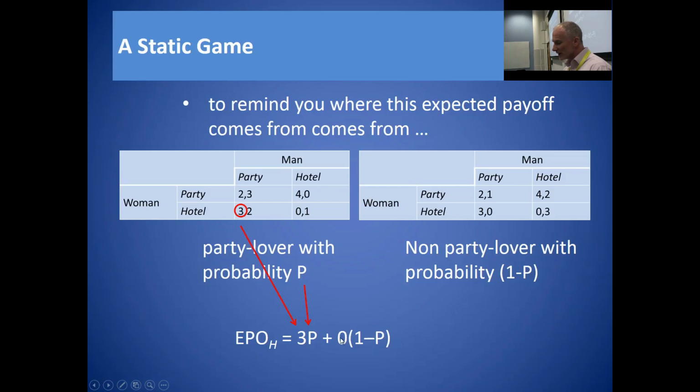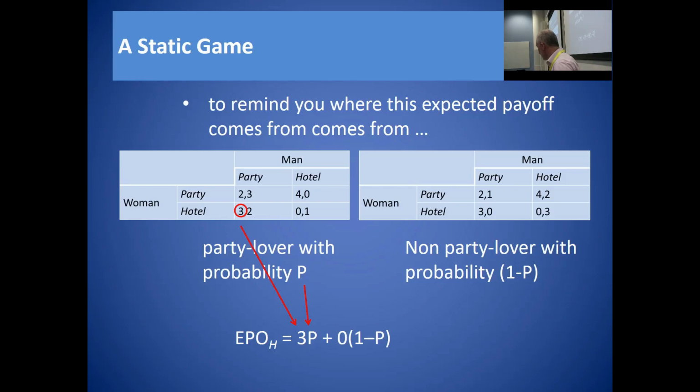But what about the next part, that 0 times 1 minus p? Well, what happens if the man wasn't a party lover, but instead we're playing this game here? We will be playing this game when he's not a party lover, with a probability of 1 minus p. If the woman chooses to go to the hotel and the man is not a party lover, what will he always choose to do?